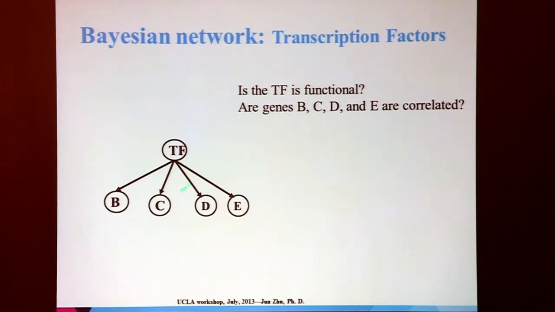A simple test is, if we assume this one is active and simultaneously regulates its downstream genes, then these downstream genes should be correlated with each other. If these downstream genes are not correlated with each other, then we can infer back that this transcription factor is not active. If not active, we're not going to model it.